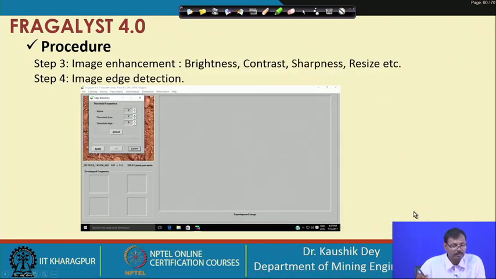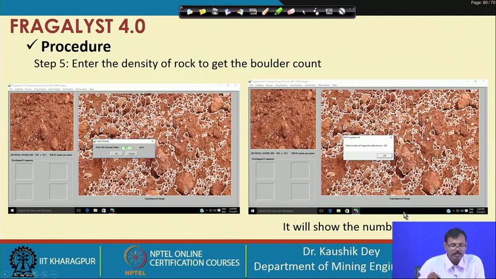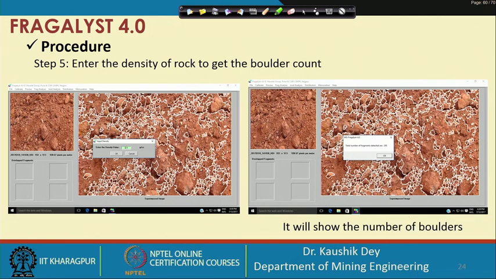Then the threshold parameter of sigma value has to be given, so that the edge detection technique can be easily followed with the contrast in the image. Then the edges will be automatically selected. The user is given a facility every time, because the edges may not be detected properly automatically.